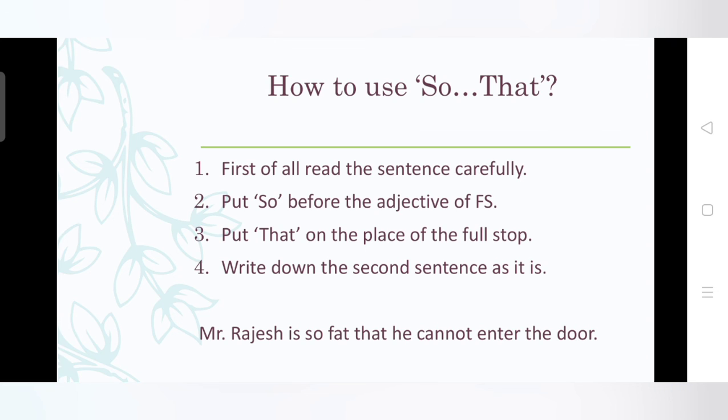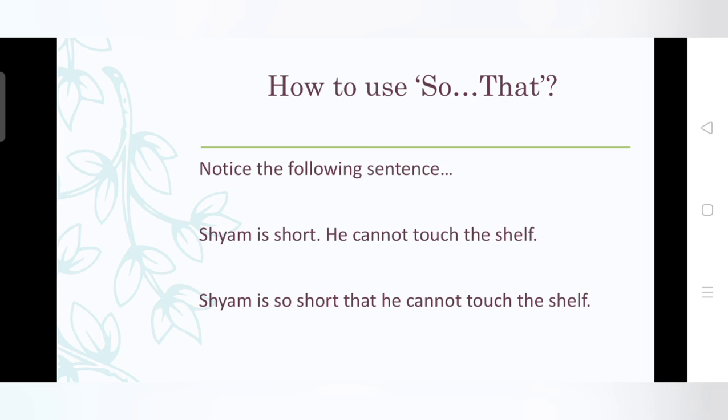This is how I can convert the sentence using so that. Try to remember, there were two sentences, and I have tried to join these two sentences using the words so that. This is how we can join.